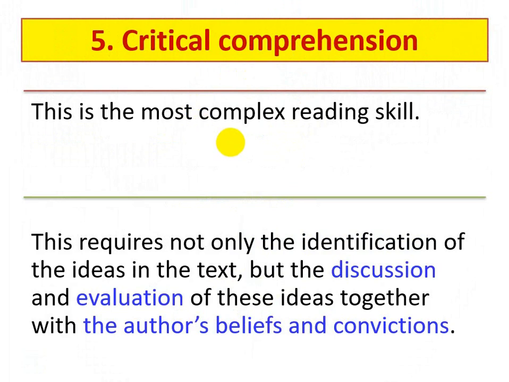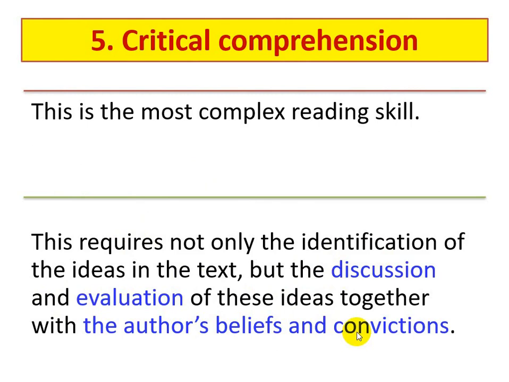Because this is the overall goal or the summation of all of these critical reading skills in this case. So this requires not only the identification of the ideas in the text, but also to be able to discuss and evaluate these ideas together with the author's beliefs and the conventions.